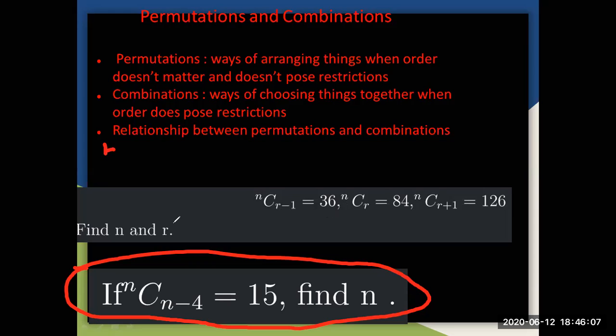Either n and r is given and you have to find just one of them. So this is a step further.